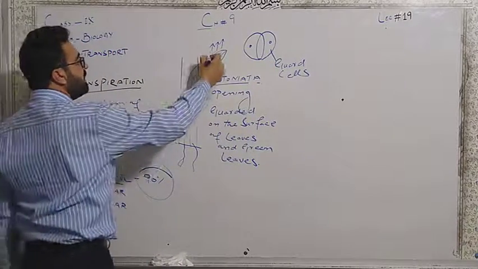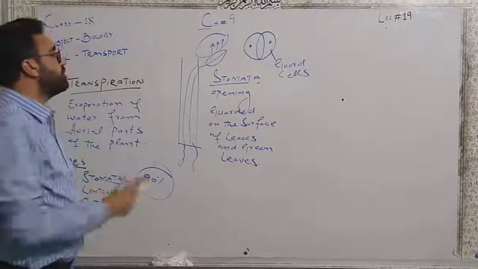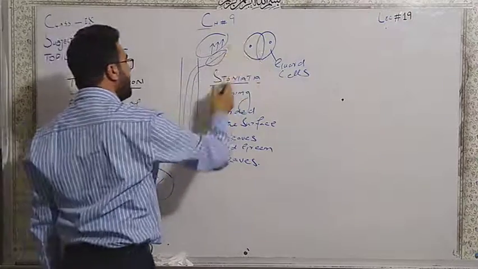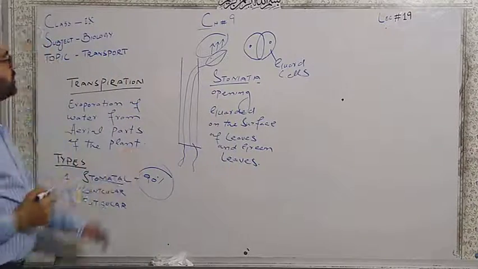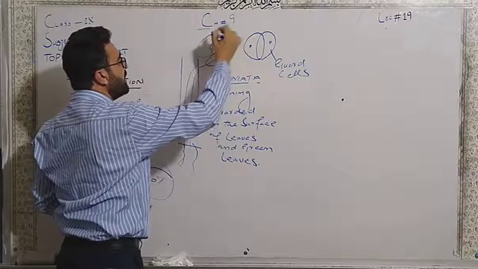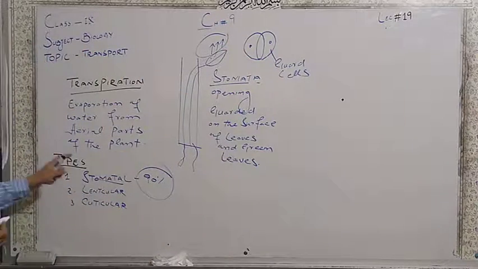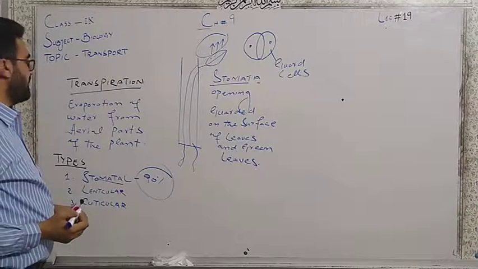So when the stomata are open, there will be more transpiration. If the stomata are closed, then how will the water move? So when water transpires through stomata, this type of transpiration is usually called stomatal transpiration.